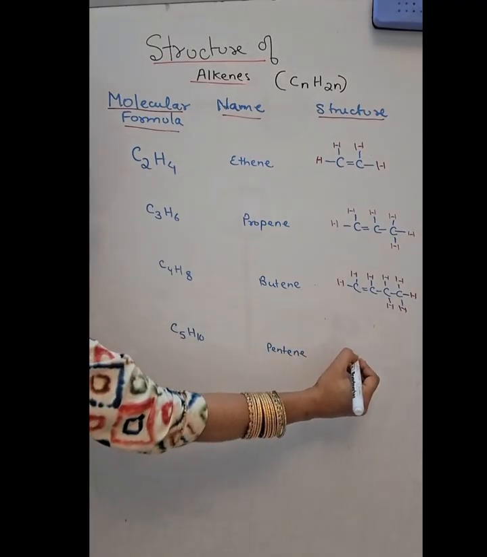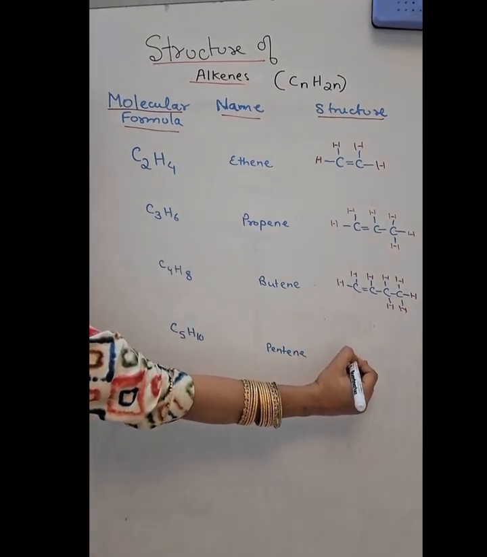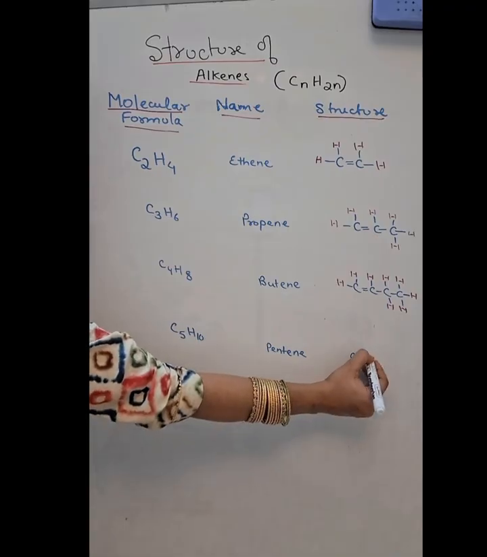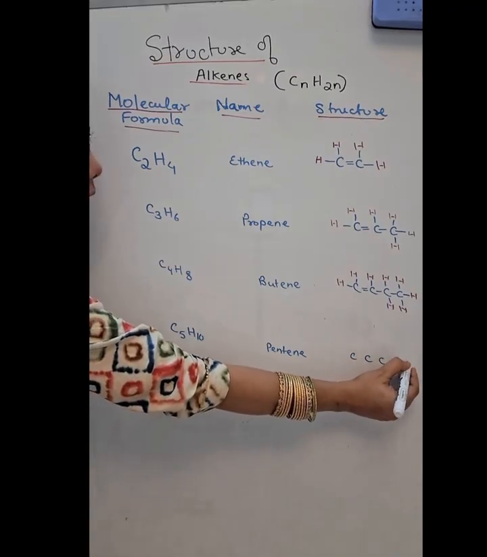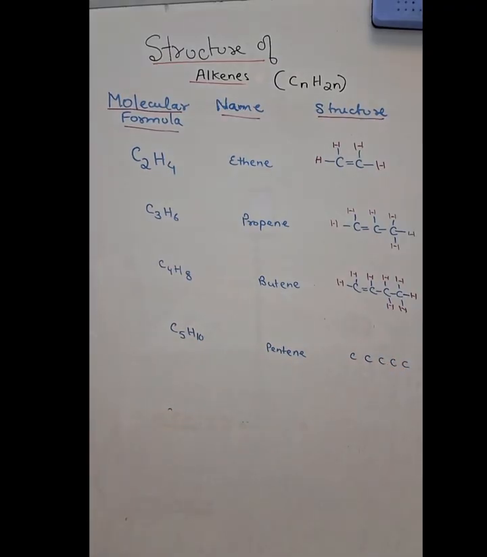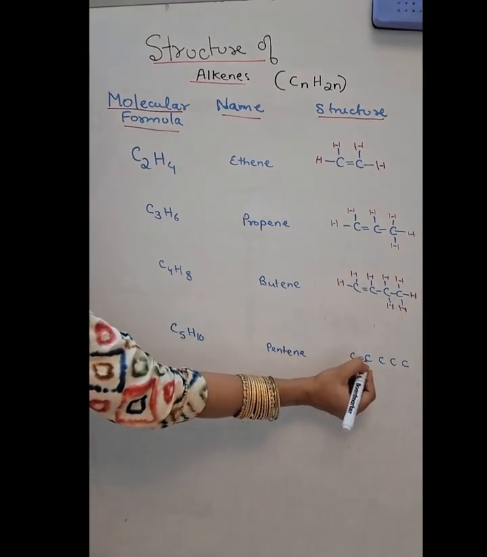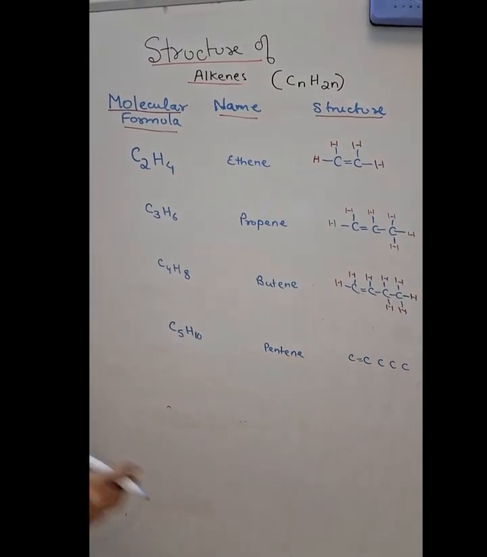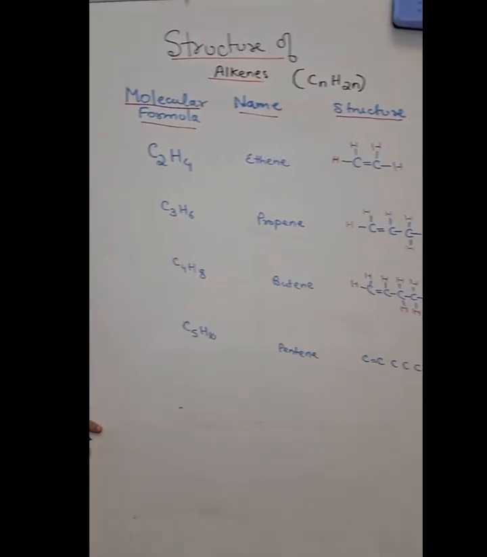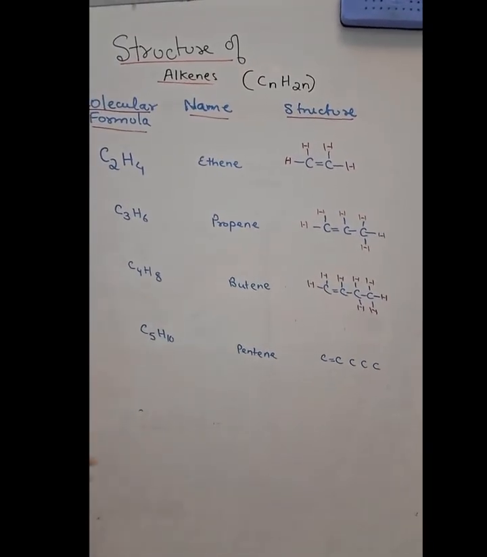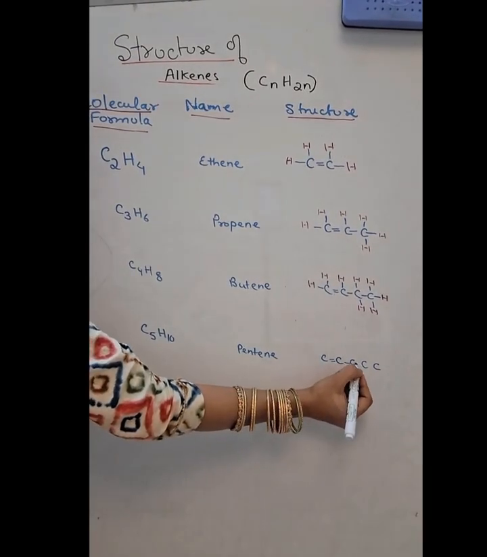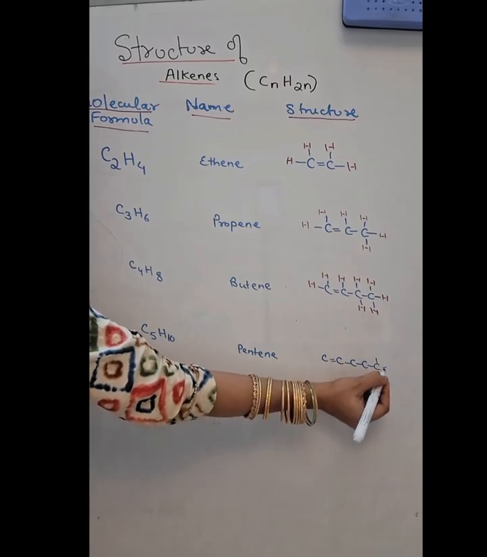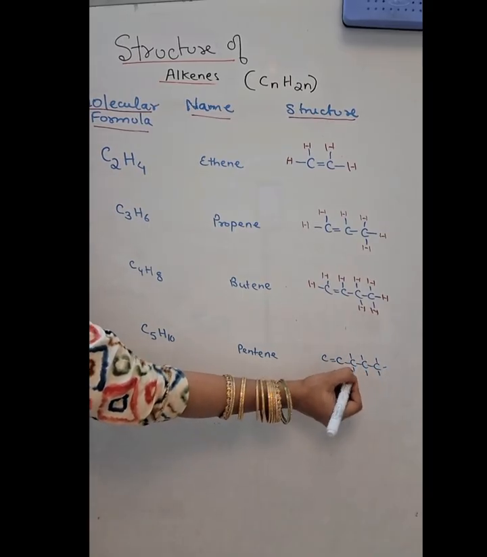And now the structure: 1, 2, 3, 4, 5. The first and second carbons are doubly bonded. Single, single, single, and then we will satisfy the rest.